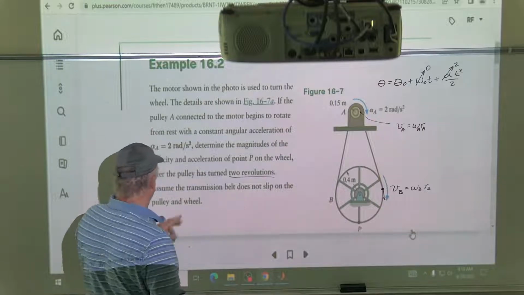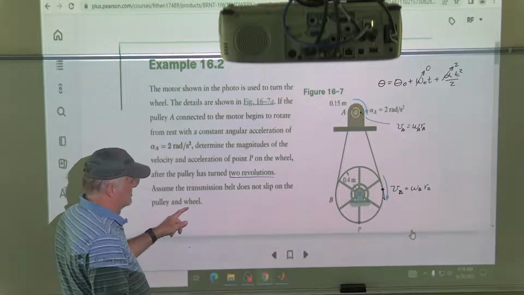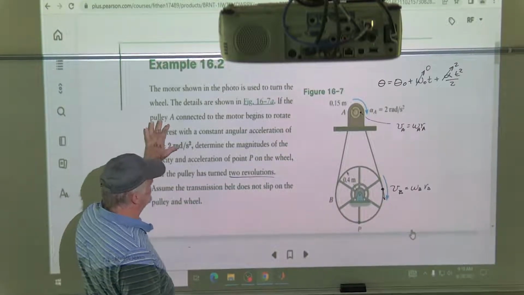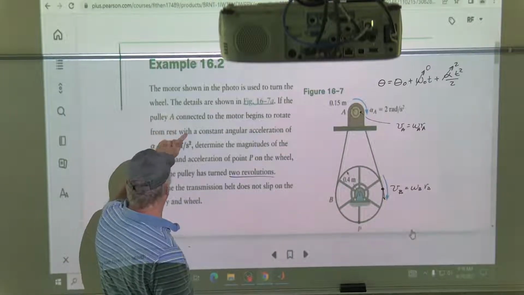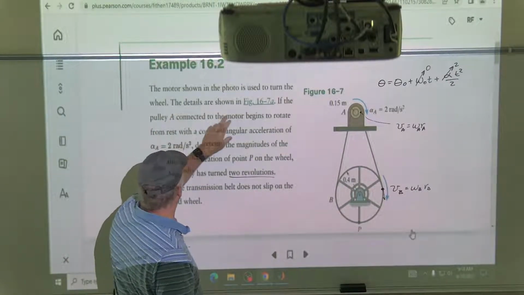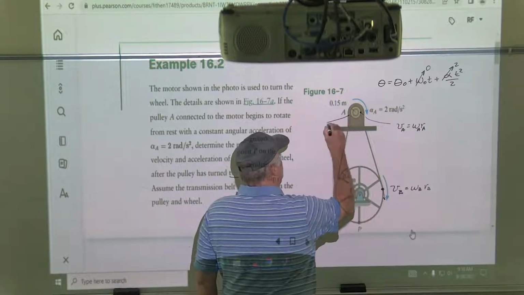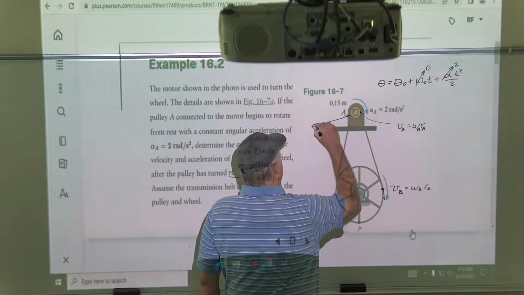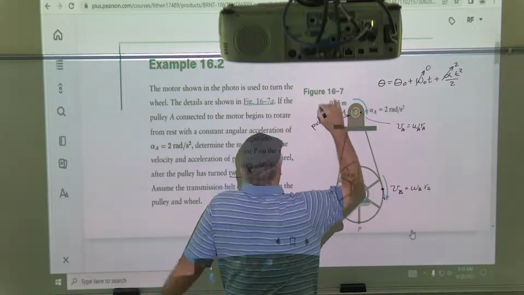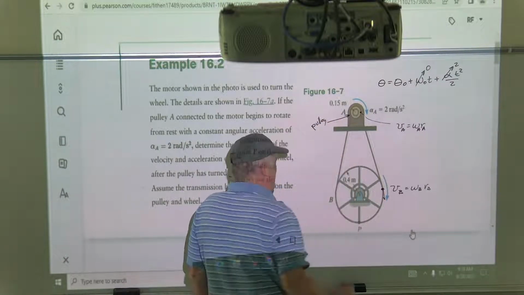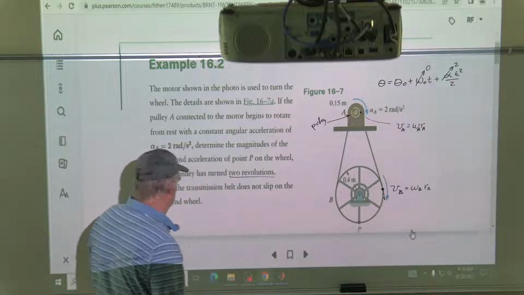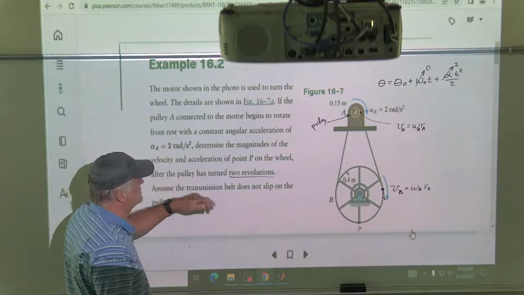It does not slip on the pulley and the wheel. So which one do you think the pulley is? The motor begins to rotate. Okay, so if the pulley is A, okay, so this is the pulley. I wouldn't think either one would be, but after the pulley has turned 2 revolutions.